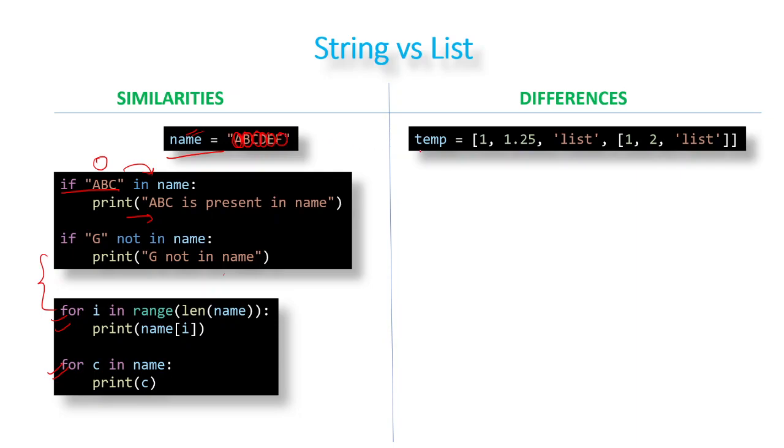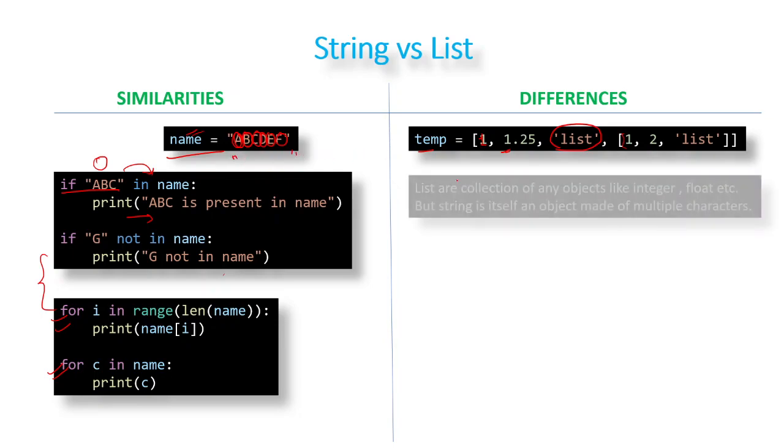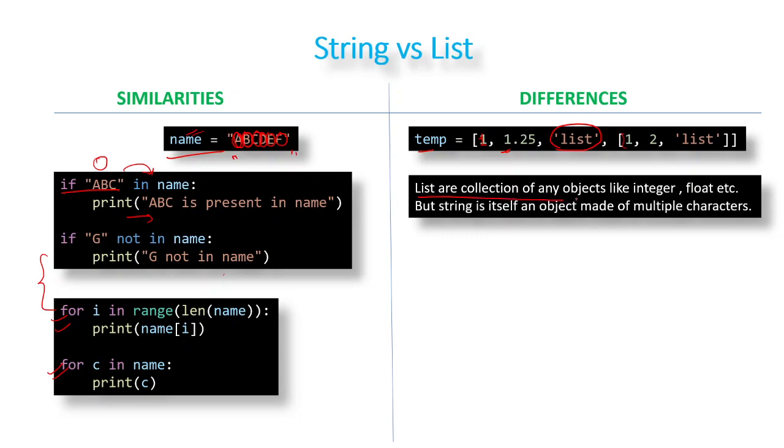But a list is a collection of any type of data. It can be an integer, a float, a whole string, or it can be a list. But a string can only be a collection of characters, nothing else. Lists are collections of objects like integer, float, etc., but a string itself is an object made of multiple characters.